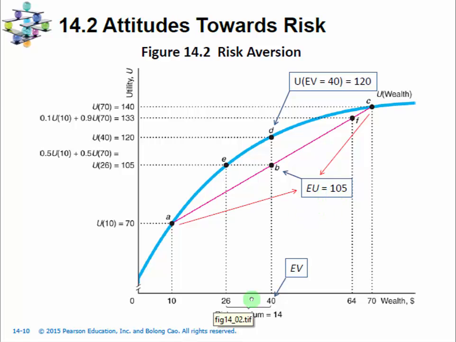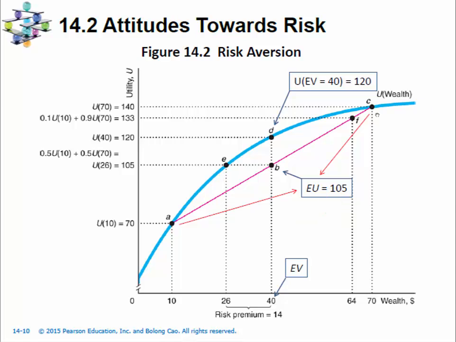Let's say that Irma does have this $40. With this $40, she can get a utility level of 120 utils. That is higher than the expected utility level of 105 utils, a 15 utils difference.